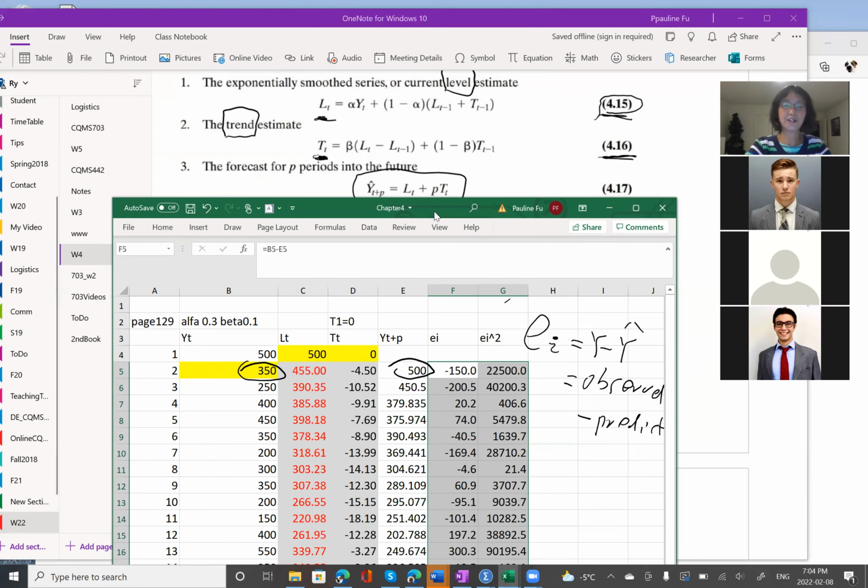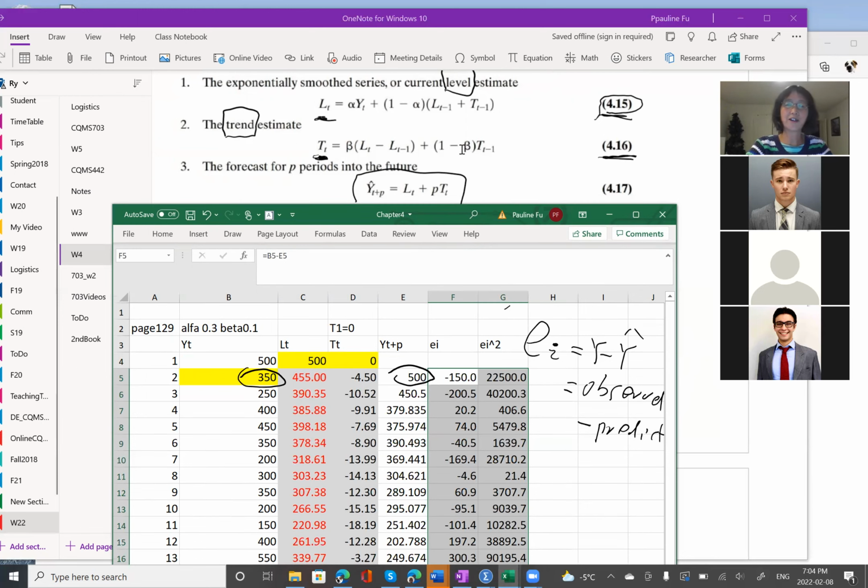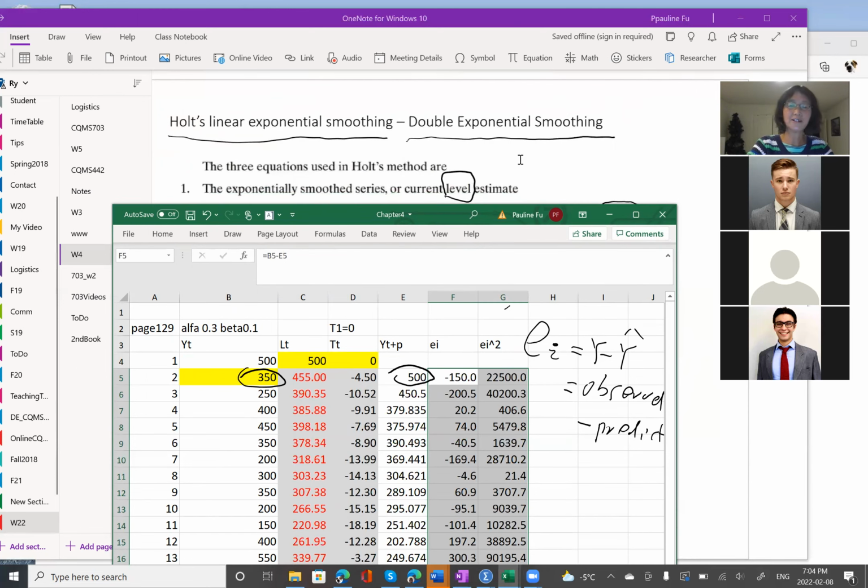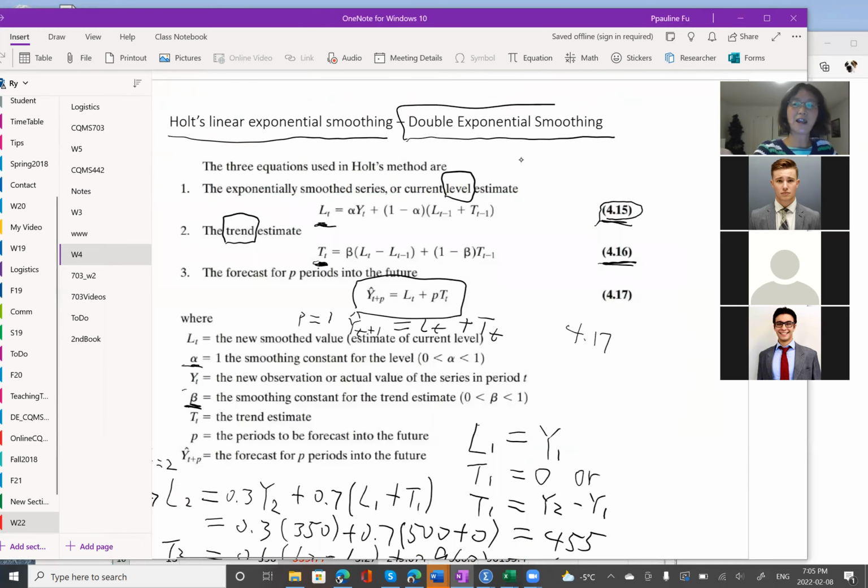So this is how you do forecasting. What is this method? This is called double exponential smoothing. Where is the word double coming from? It's coming from level and trend. When you use simple exponential smoothing, you just use level.